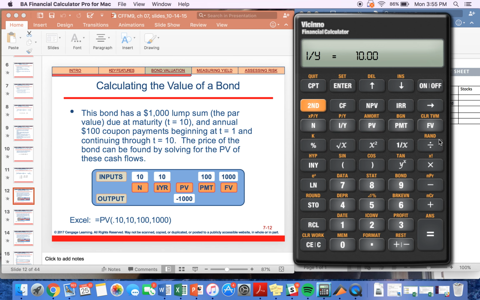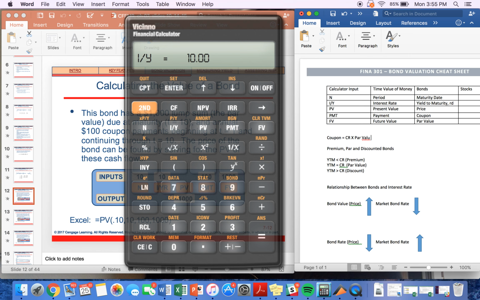So your coupons is your coupon rate multiplied by par value, okay? So I'll X this out for you. So it's your coupon rate multiplied by par value. So remember that my par value in all these questions is always $1,000. So that's a given.